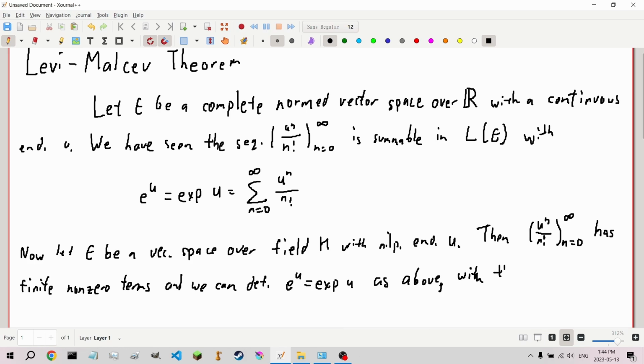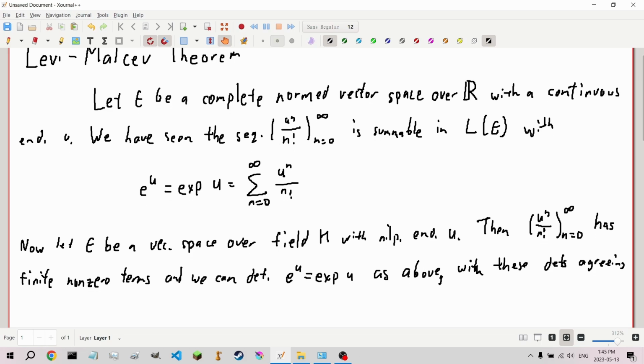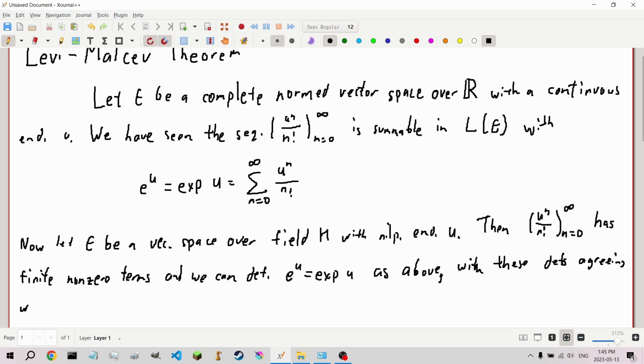With these definitions agreeing when K is equal to the reals and E is complete and normed.